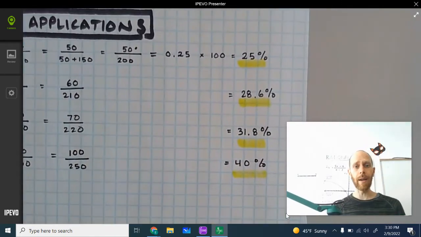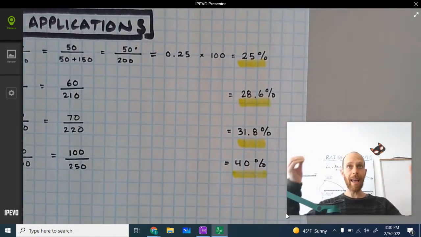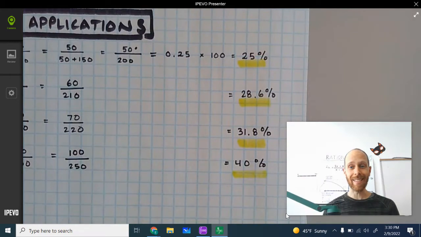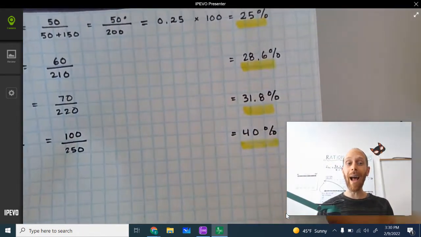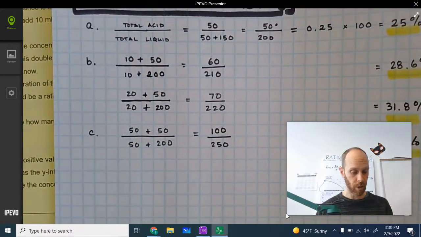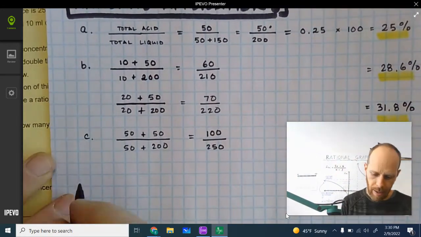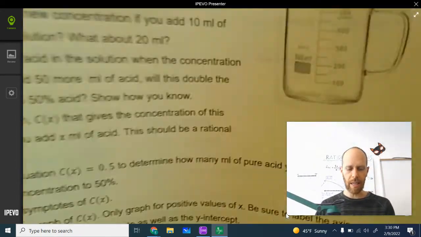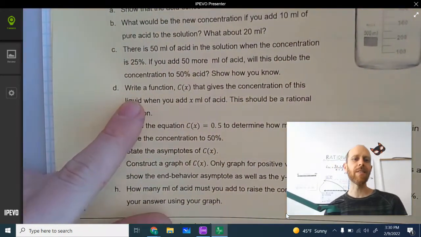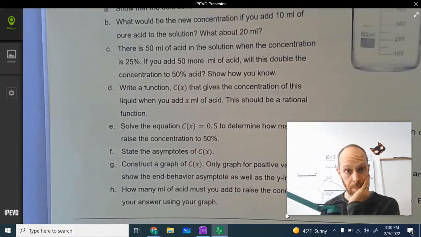So the first thing we should take away here is that just doubling the amount of acid isn't necessarily going to double your concentration. Our goal is to figure out how much acid would double the concentration. In order to do that, let's look at question D, which kind of sets us up for this. It says, I want you to write a function.